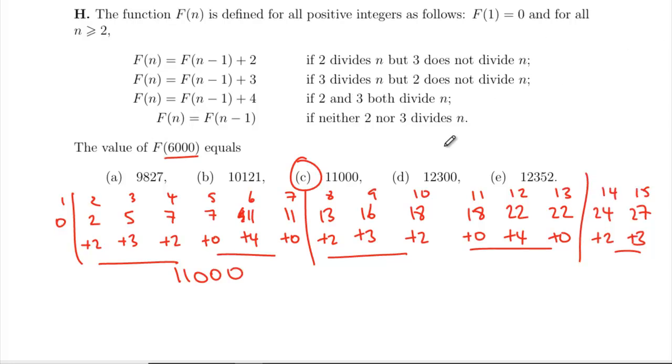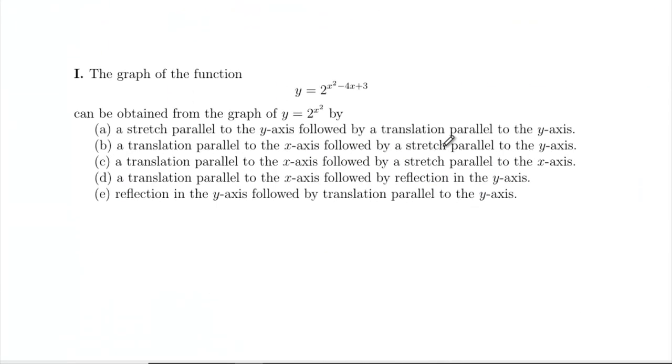Okay, right, so pattern spotting comes up all the time. The graph of this function is obtained from that graph by stretches, translations, reflections. So how are we getting from that to that? We want to go from 2 to the x squared to 2 to the x squared minus 4x plus 3.